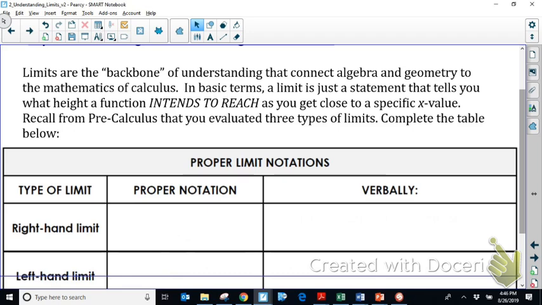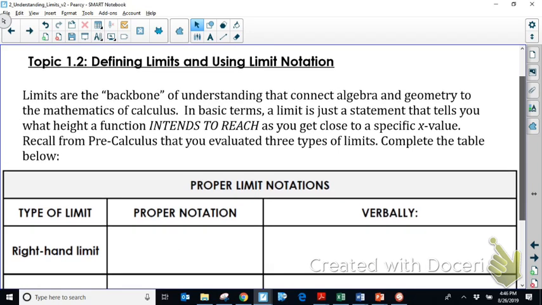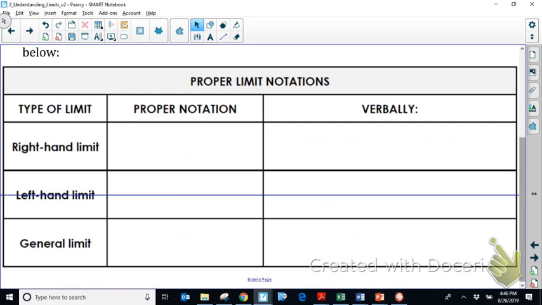So we have three basic types of limits. We have a left-hand limit, a right-hand limit, and a general limit. And the way that we notate the difference between a right-hand limit and a left-hand limit is the notation that we have here. If you notice, we have lim, the abbreviation for limit, and some generic function f.